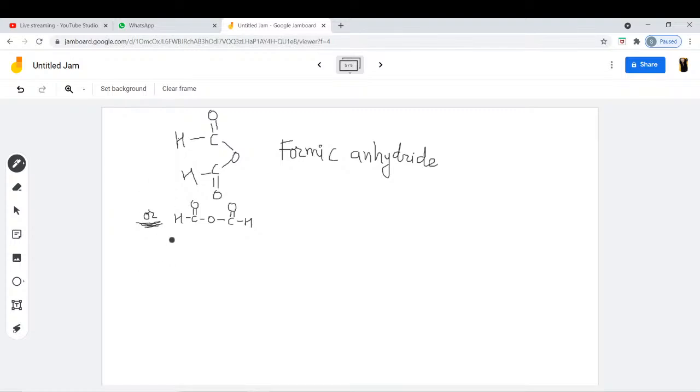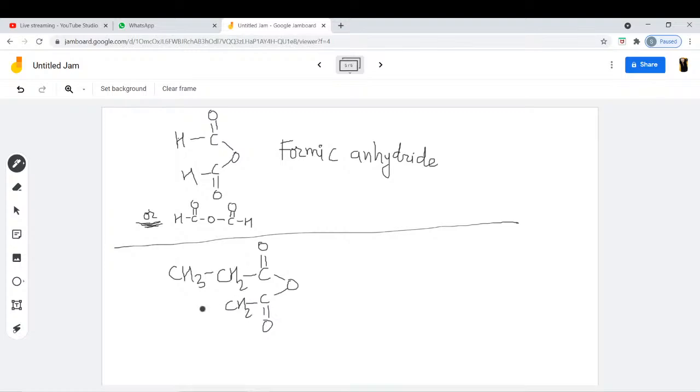Another example: CH3 CH2 C double bond O, O, C double bond O, CH2 CH3. What will be its name? Of course it is an anhydride, but which acid is it made from?